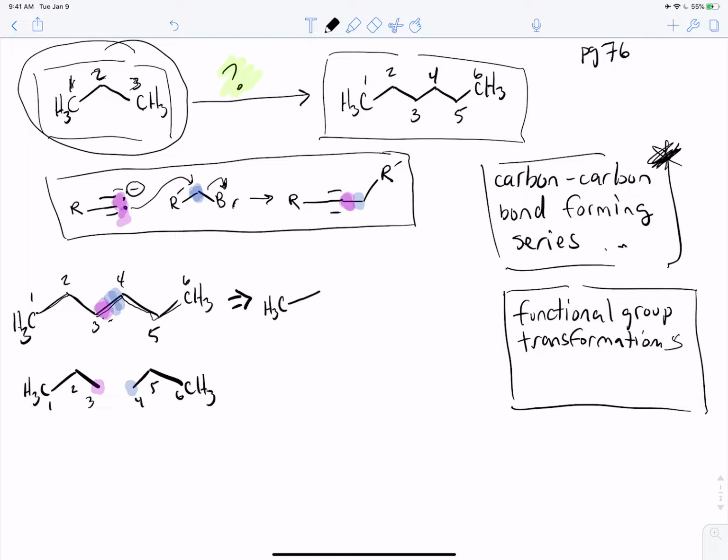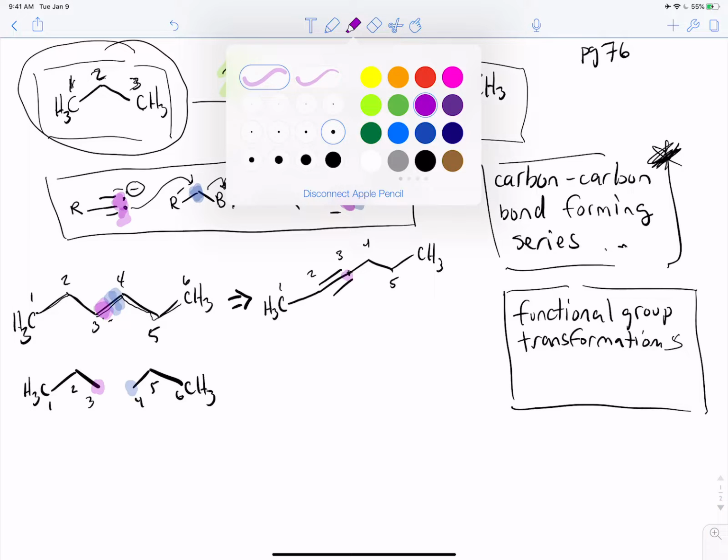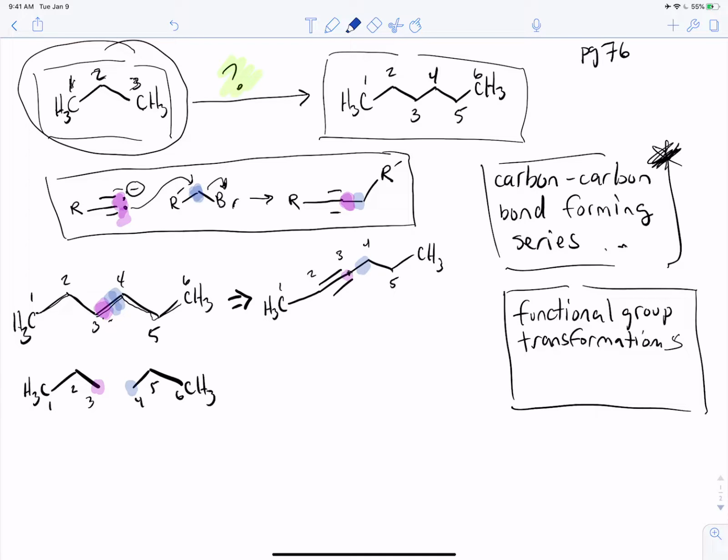So I am just going to say, okay, that's carbon 3, it's now an alkyne, and I'm not going to mess with carbon 4, we're just going to leave it alone for now. Now we do know that carbon 4 and carbon 3 had to come together at some point.